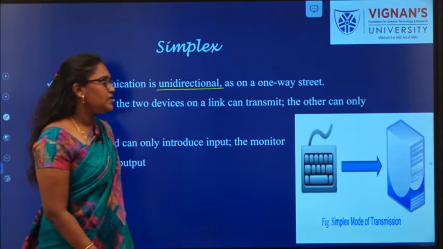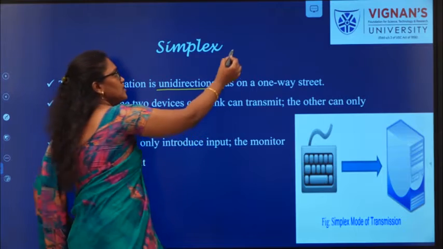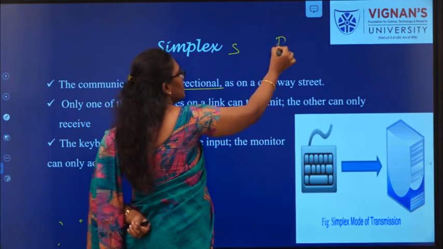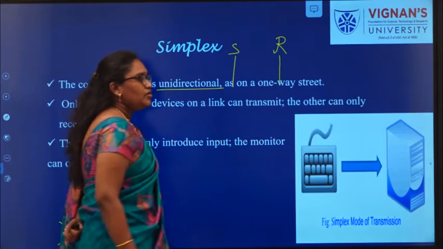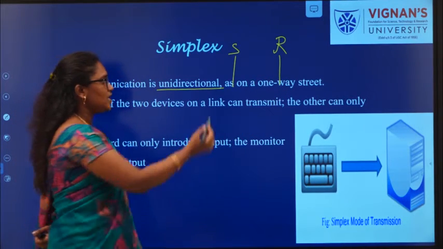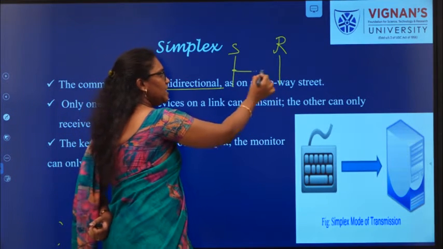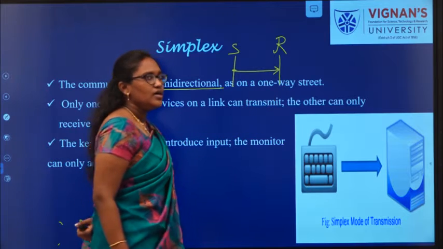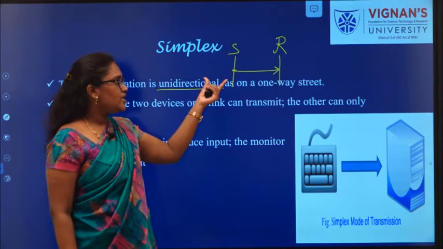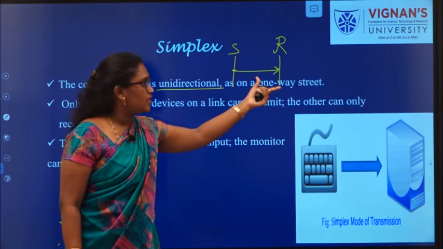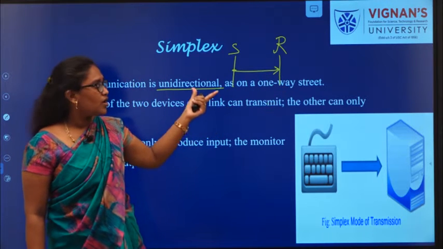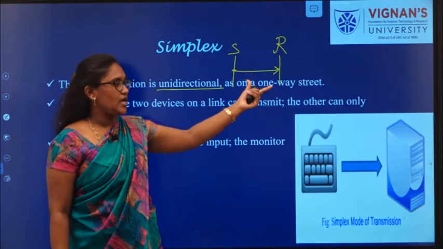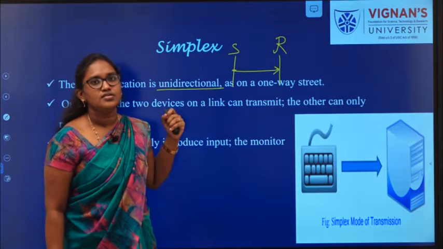So, you are having the sender and receiver, right. So, when I have to forward the data from sender to receiver, I am sending the data to the receiver. While I am sending the data from sender to receiver, the receiver should not transfer the data to the sender.